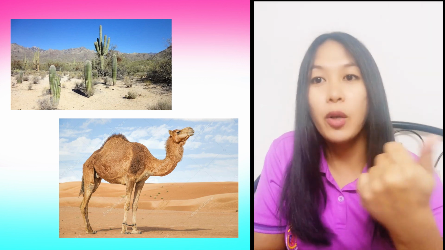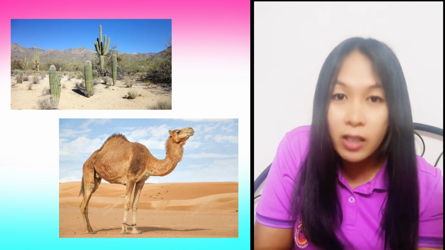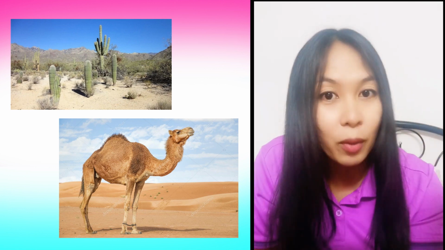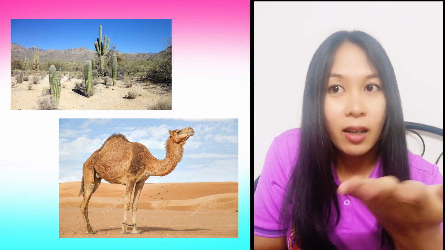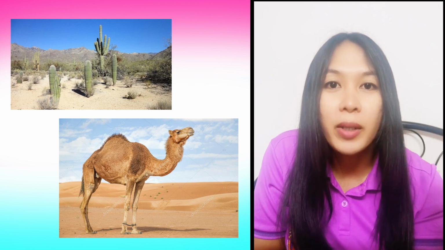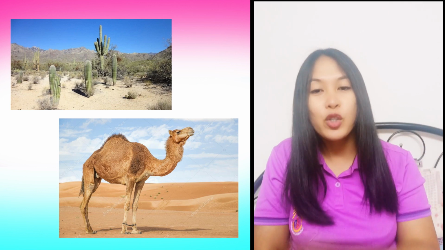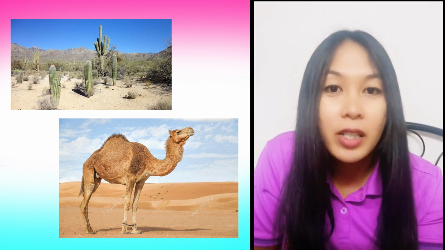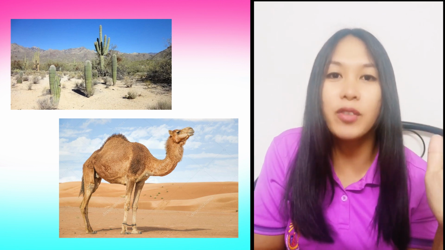They are adapted so that they can survive in the desert where there is not much water available. But not everyone can do that. Only these organisms can survive in environments where there is lack of water. So all of us that are not adapted for that, we need to drink a lot of water every day.